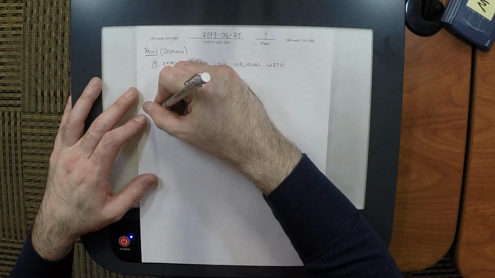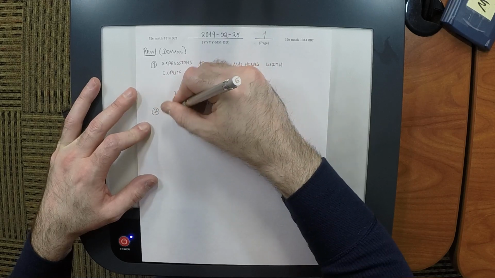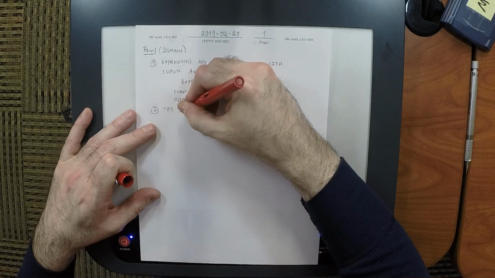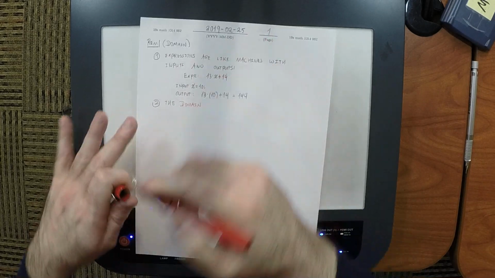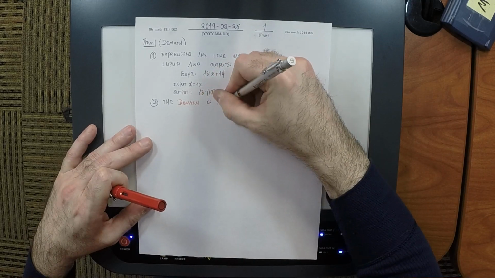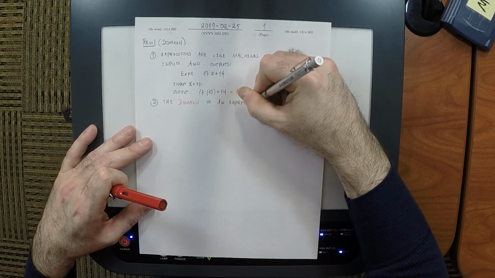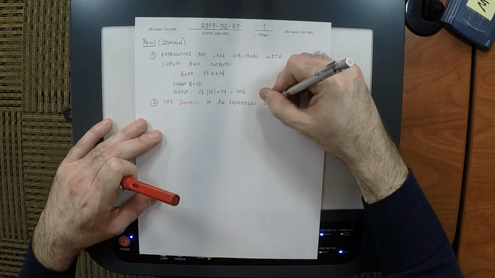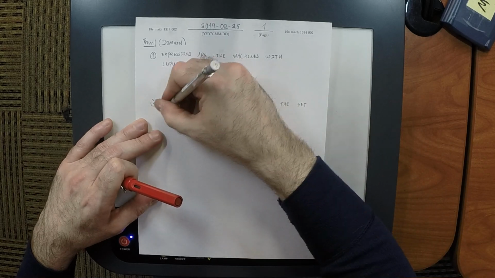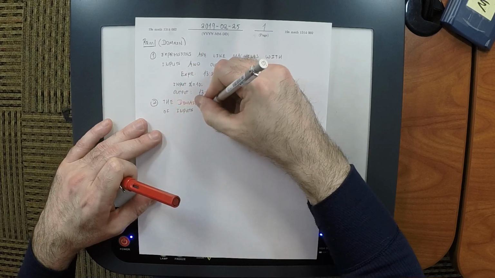So the domain of an expression is the set of inputs for which it is defined.